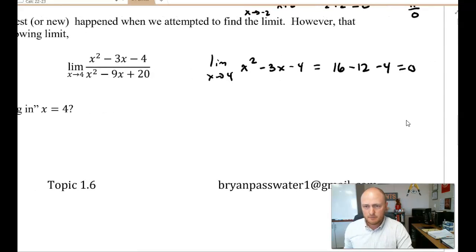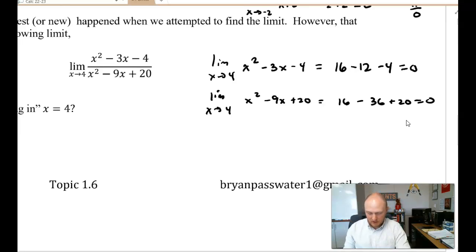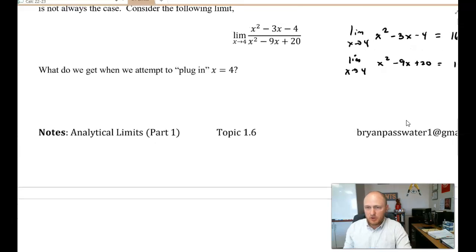Our numerator is 0. The limit as x approaches 4 of our denominator this time, x squared minus 9x plus 20, gives us 16 minus 36 plus 20. Hey, that's 0. So when we attempted to plug in 4, we got 0 over 0.